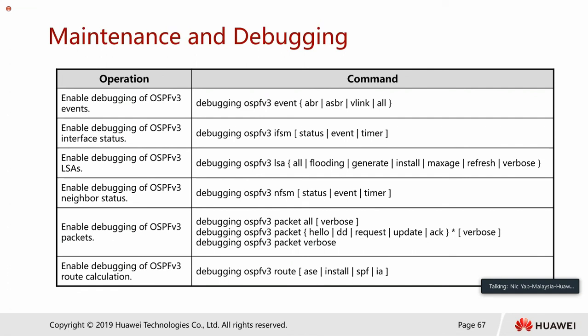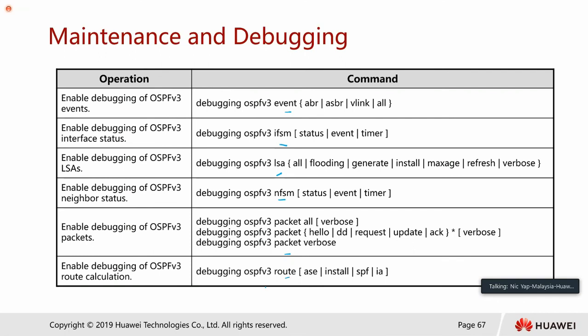To enable debug for OSPFv3 events, interface status, LSA, neighbor status, packets, and route calculation, you can always start from debug ospfv3, event, interface status, LSA, neighbor status, packet, and also the route.